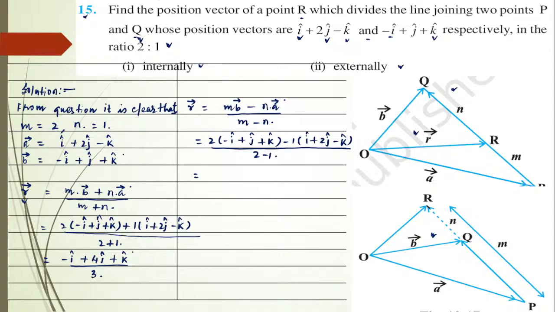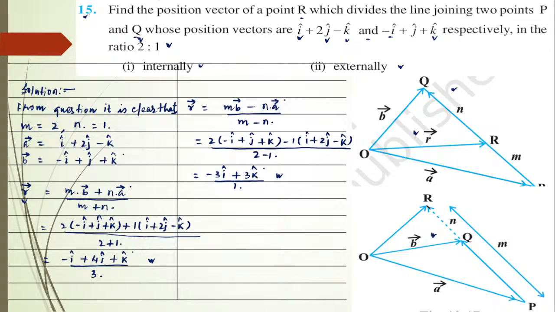So here we get minus 2i minus i equals minus 3i, 2j minus 2j cancels out, 2k plus k equals 3k, and 2 minus 1 equals 1. So these two will be the answers of this question.